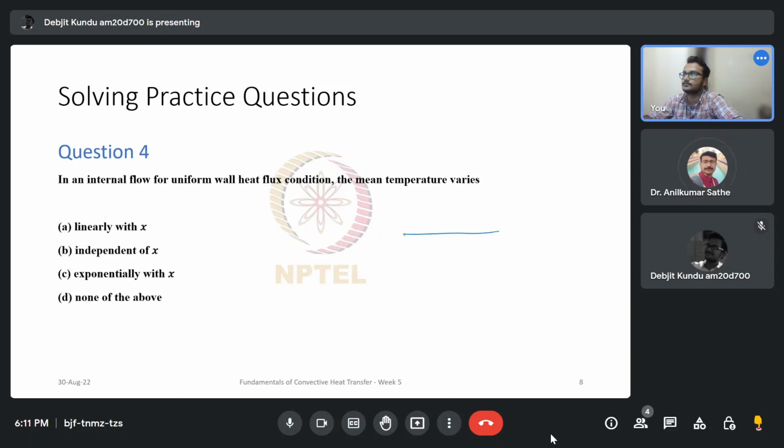I'll draw this. There is a constant Q wall, and consider this within the developed region only, not the developing region, the fully developed region.